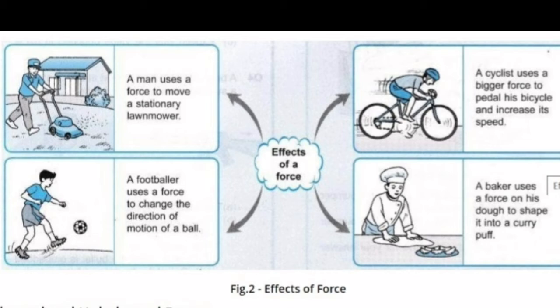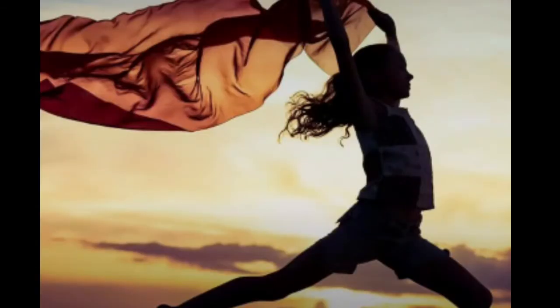A baker uses a force on his dough to shape it into a curry puff. So what is a force? Whenever we push or pull an object, a force acts upon it and makes it move from one place to another. Hence, force can initiate motion in a motionless object.